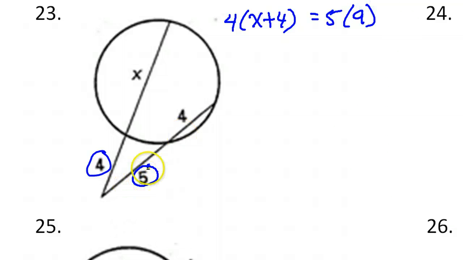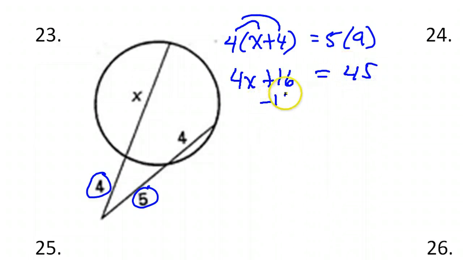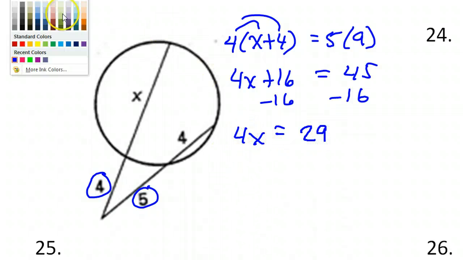Again, the outer part times the whole thing. And so the rest is easy. So a little distributive property. So that'll be 4x plus 16 is equal to 45. Subtract 16 from both sides. So I have 4x equals 29. And then we have to divide both sides by 4.